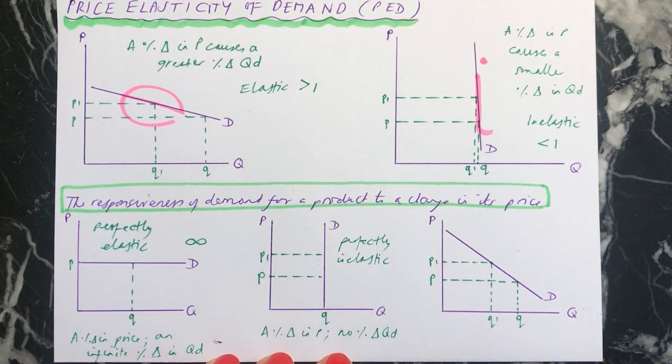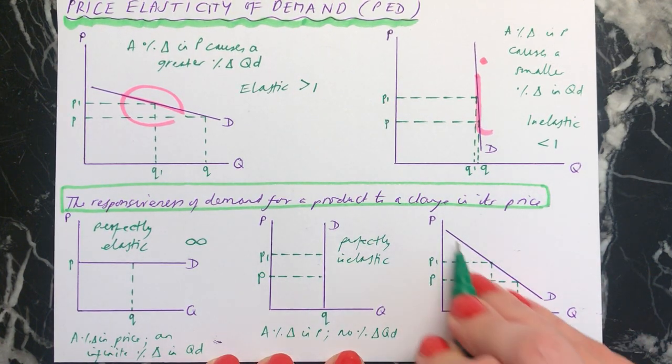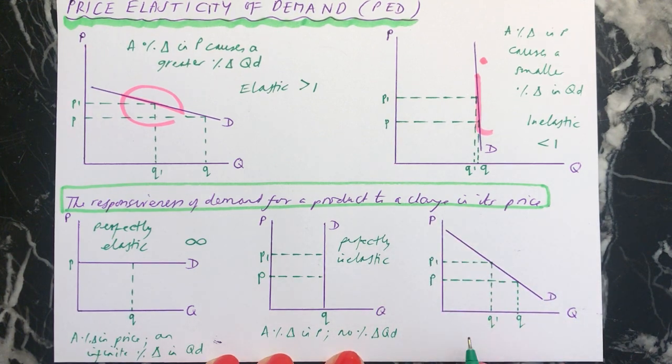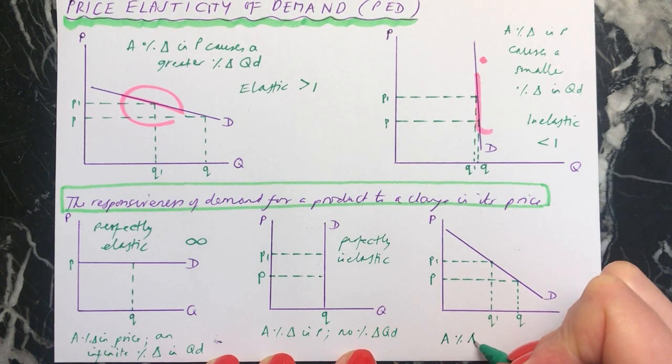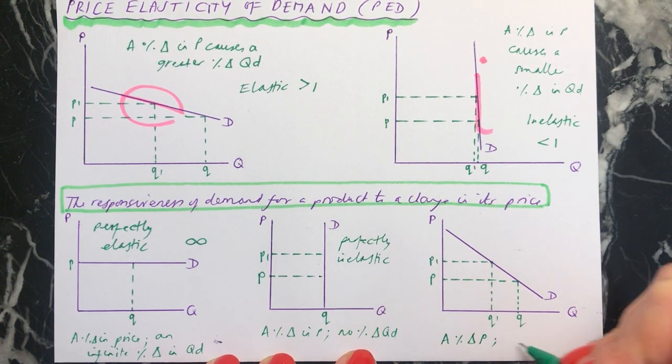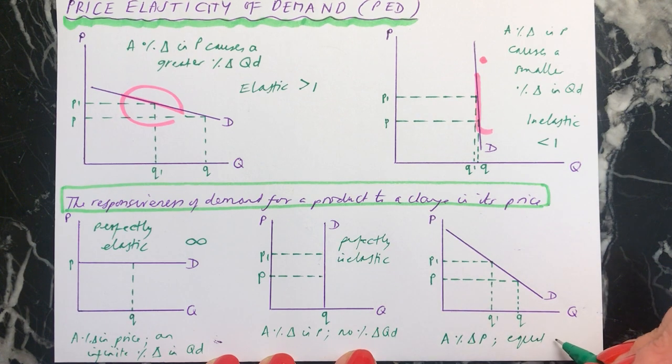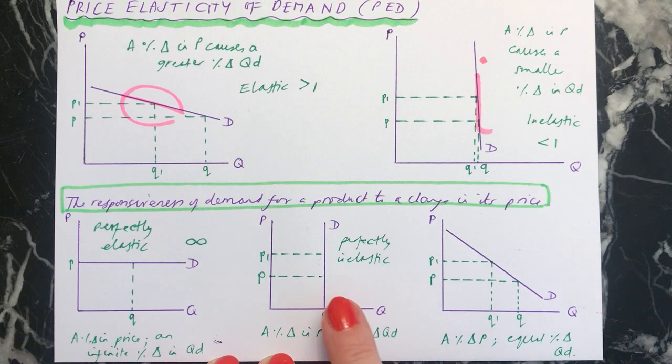This last one is at 45 degrees to this axis. And here, the percentage change in price, I haven't drawn it quite perfectly, should lead to an equal percentage change in the quantity demanded. So a percentage change in price causes an equal percentage change in the quantity demanded.